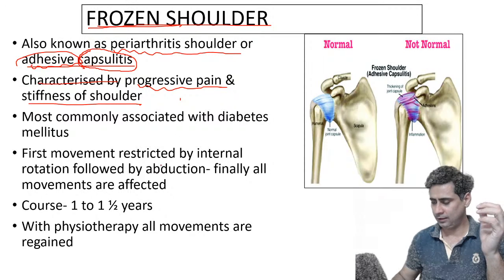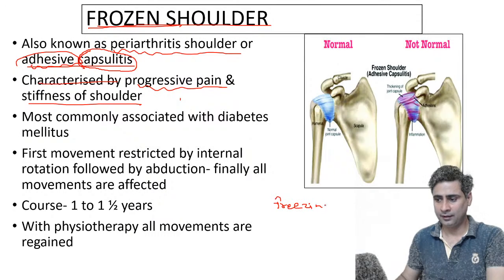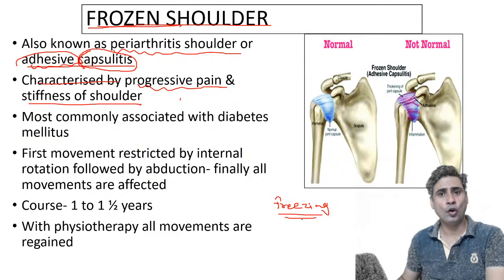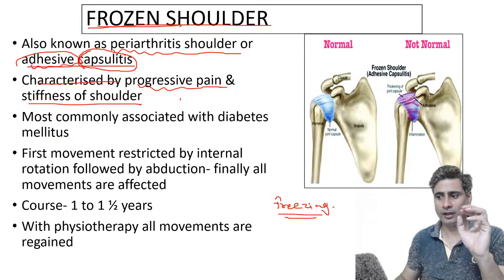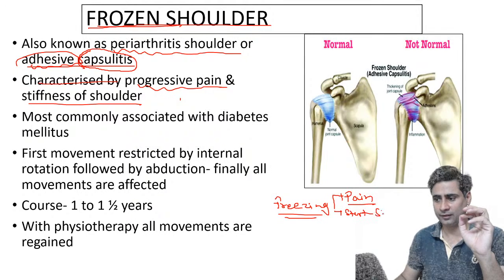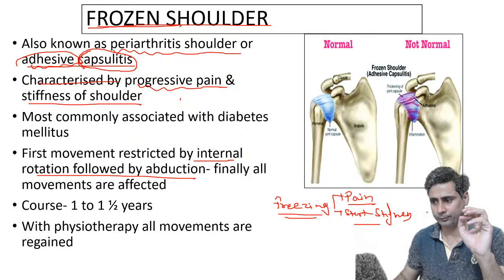The first stage is freezing stage, when there is start of adhesive capsulitis. So what will happen in this stage? There will be pain and start of stiffness. The movement will start decreasing, and in this stage the earliest movements to be restricted are internal rotation followed by abduction.